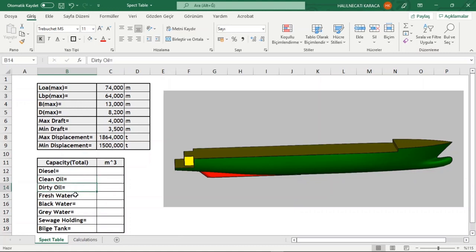Freshwater tank: according to the crew number, if the boat will sail for many miles at a time, a freshwater tank is placed in it to meet that capacity. We will also calculate this too. The black water tank is the tank where the toilet water is stored. The amount of black water created by a single person per day is more or less certain.